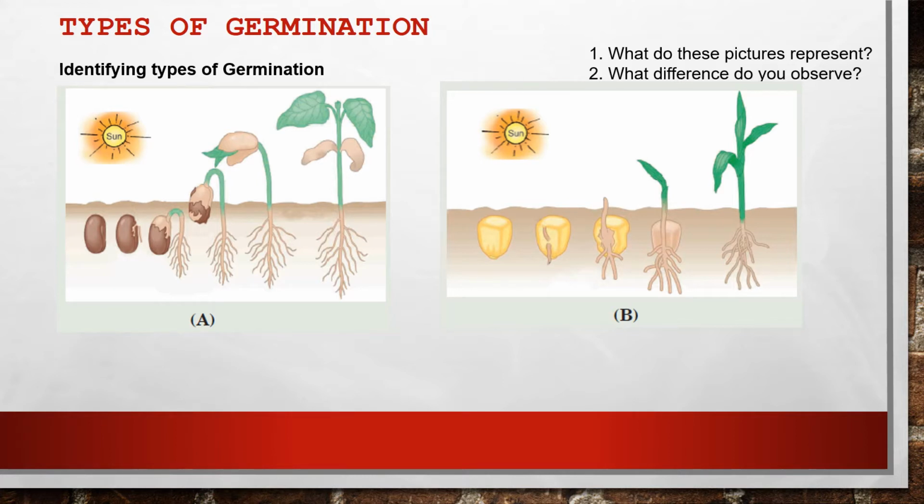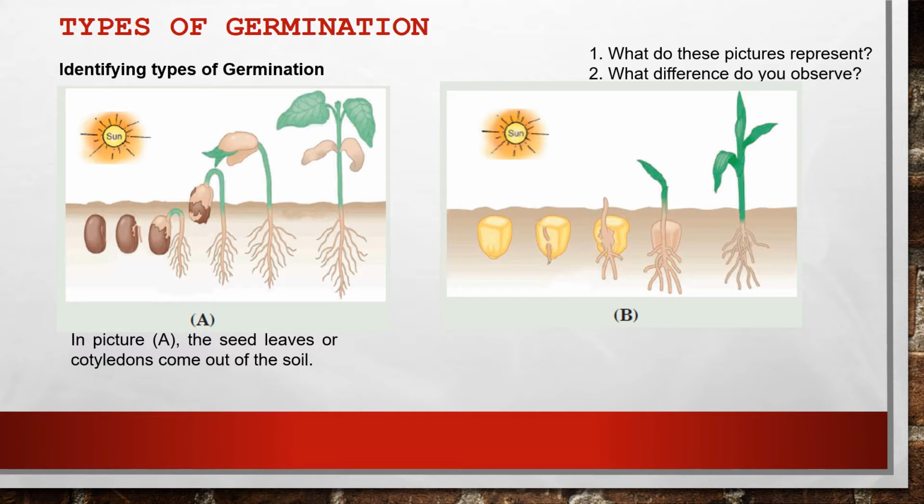Okay, so thank you very much. Let's look at the difference between these two. Of course, these two pictures represent seed germination and they are different. In picture A, the seed leaves or cotyledons come out of the soil. Can you show the cotyledons or the seed leaves?